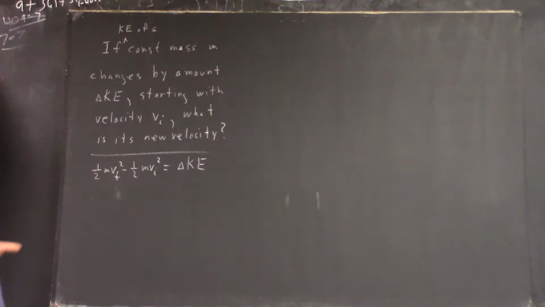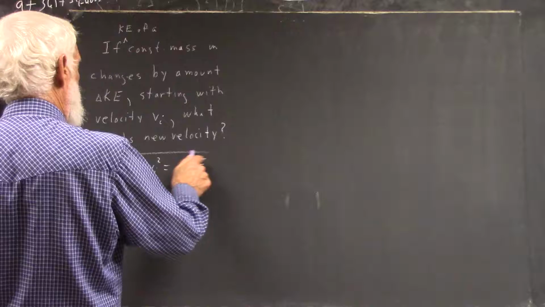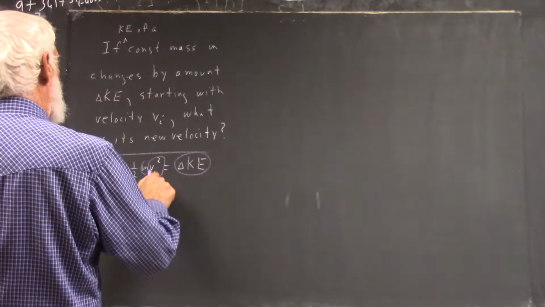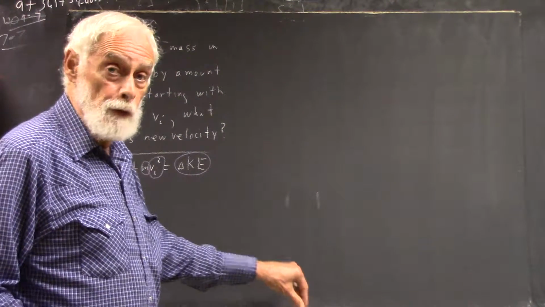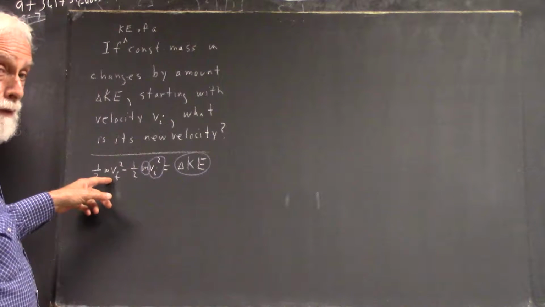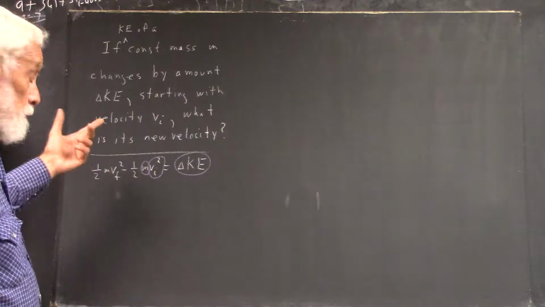Okay. Now we assume that this is known, and this is known, and the mass is known. Okay. If we know those three things, we're left with only one thing that we don't know, which is v_f. So we can easily solve for v_f.